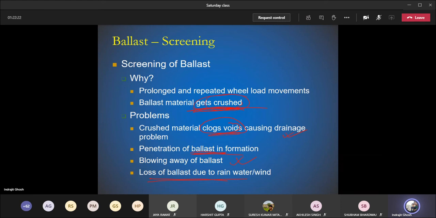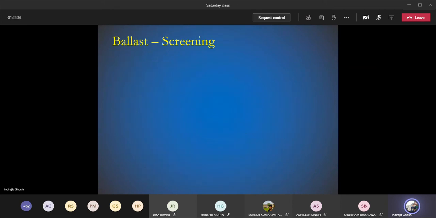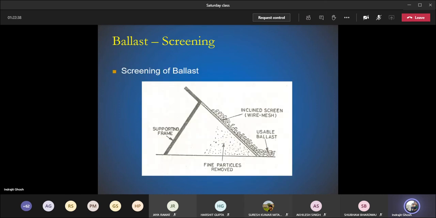So what do we have to do? As we are a developing country, we do not have very educated labor. We have a very simple method, which is nothing but using a screener or the channi. Just like this. We have a supporting frame and we have the sieve on this side. This is known as wire mesh.